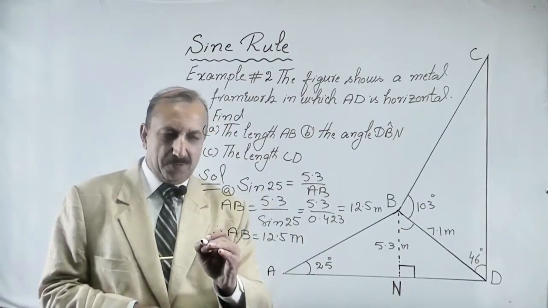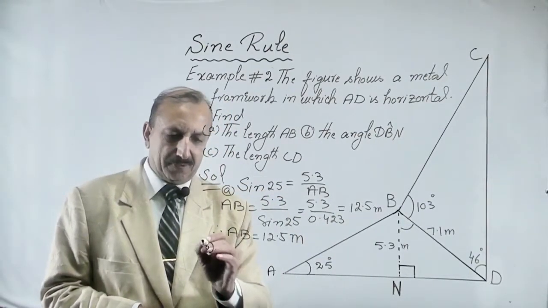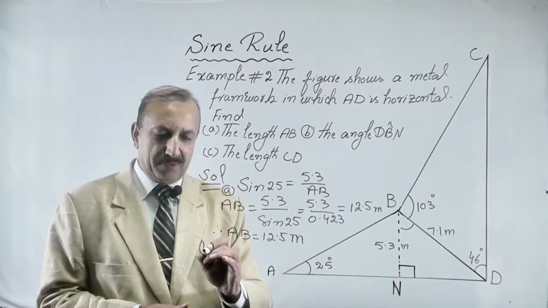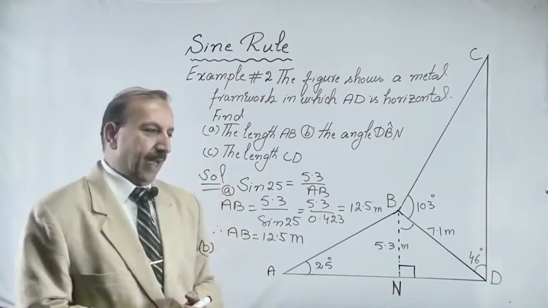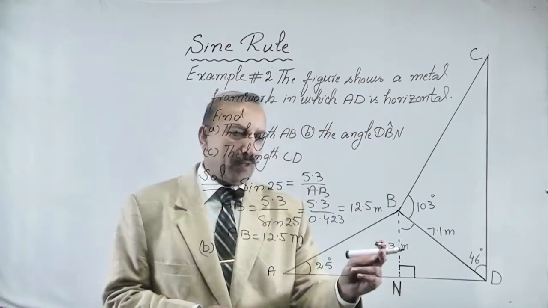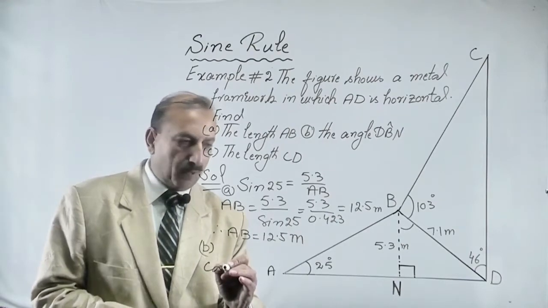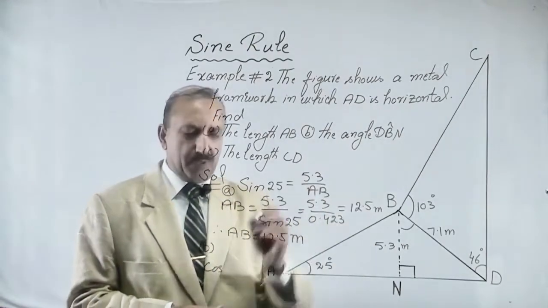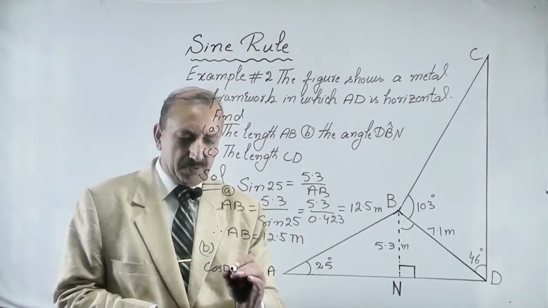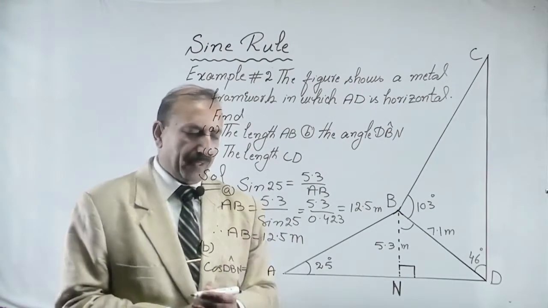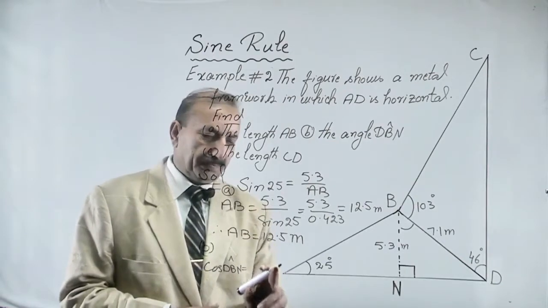Here is part B, my dear student. Here we have cosine of this angle, cosine of the angle DBN. We need to find this.